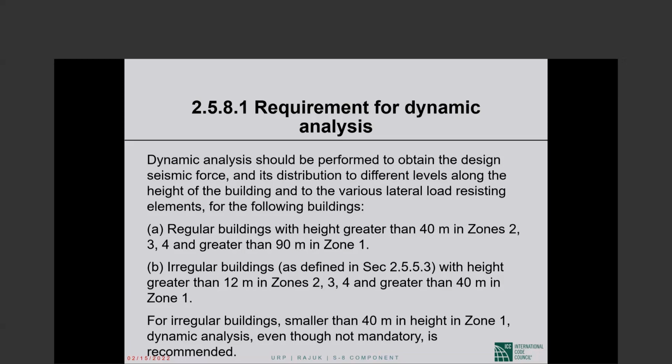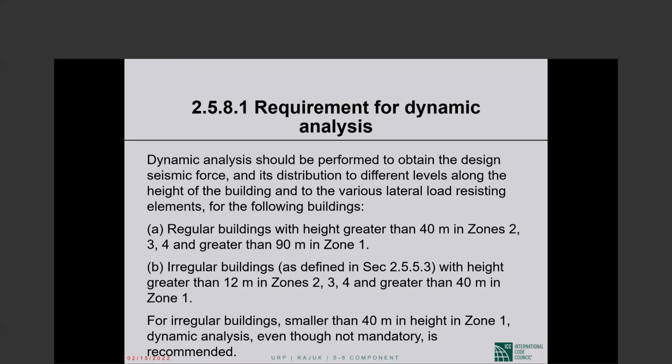For irregular buildings, from 40 meters on, you have to do dynamic analysis in zone 1. But when your building is shorter than 40 meters in height in zone 1, dynamic analysis, even though not mandatory, is recommended.